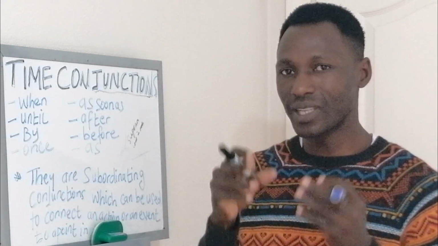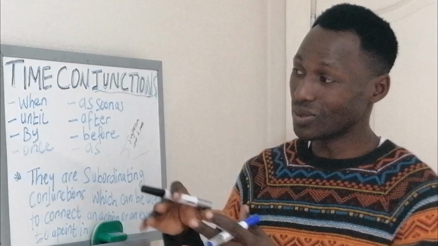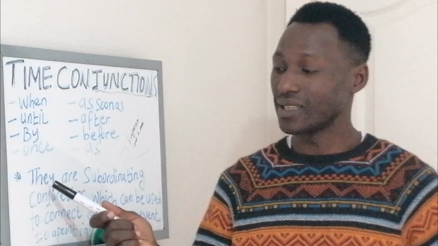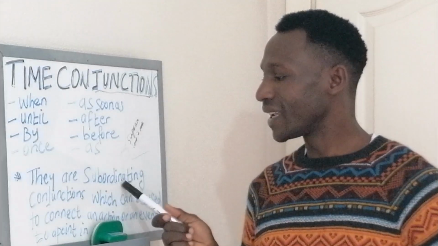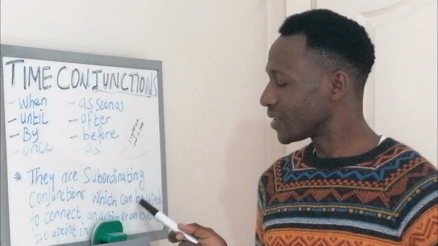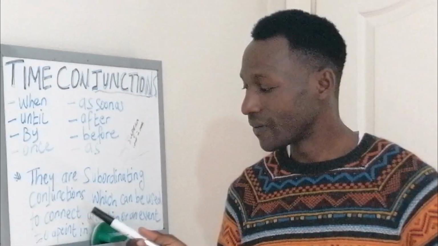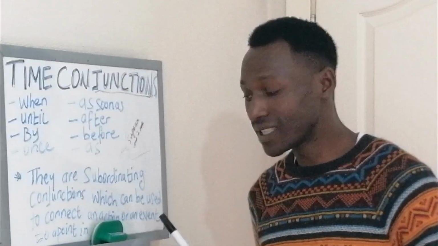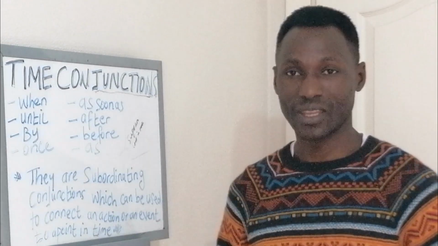I tried to give a brief explanation about time conjunctions, and here we go. They are subordinating conjunctions which can be used to connect an action or an event to a point in time.